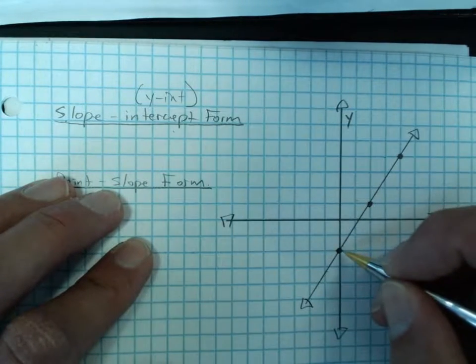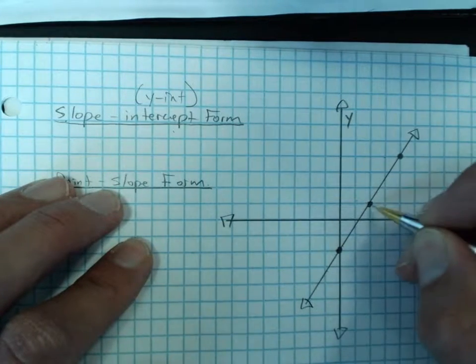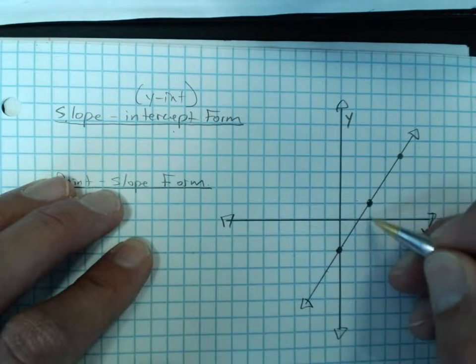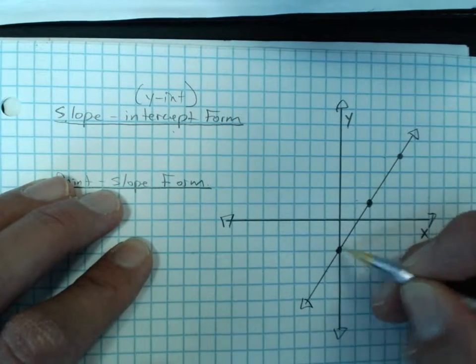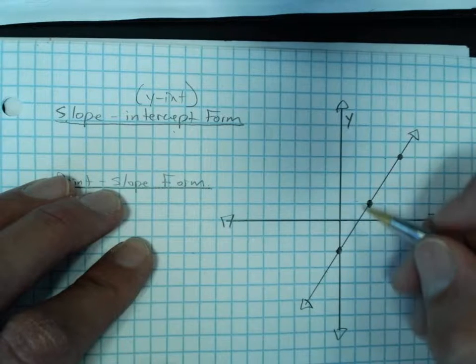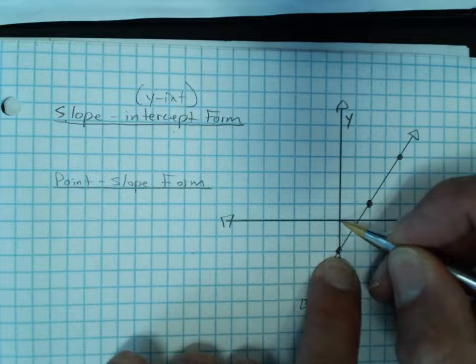To find the slope, you have to start with 2 points, and I look for the intersection where the line goes through perfectly. I'm going to start here at this point, which is (0, -2). Then I count all the way up until I'm level with the next point.